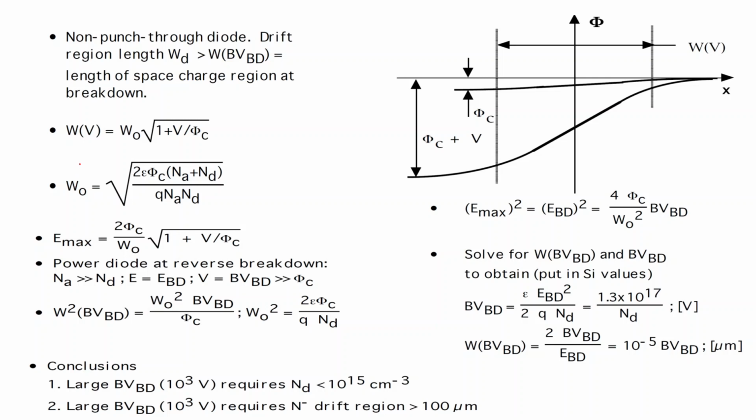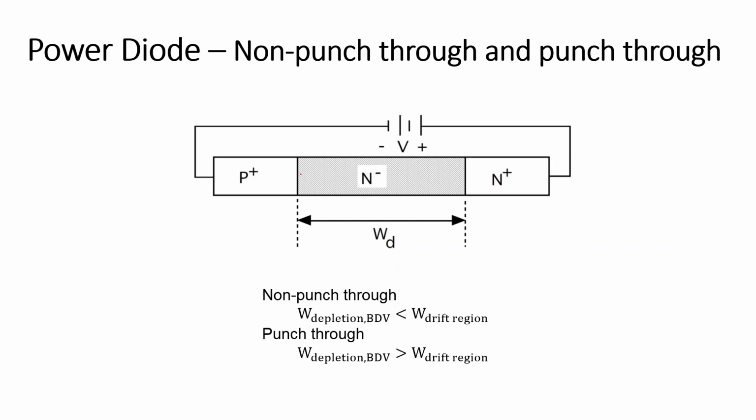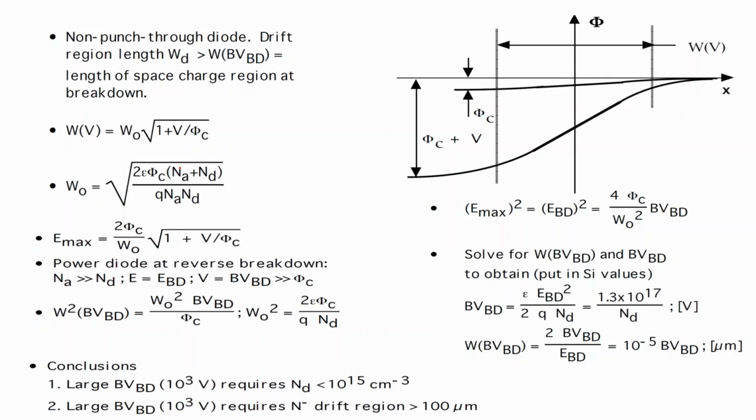Similarly, for the drift region, the ND is very low, around 10 power 14, and Na is 10 power 19. So clearly Na is very large as compared to ND, so this portion is neglected with respect to Na, and we are left with Na here.